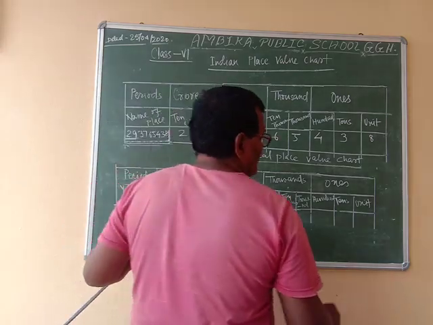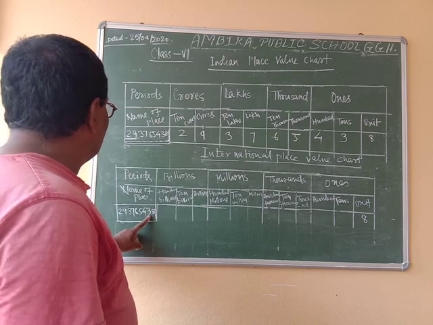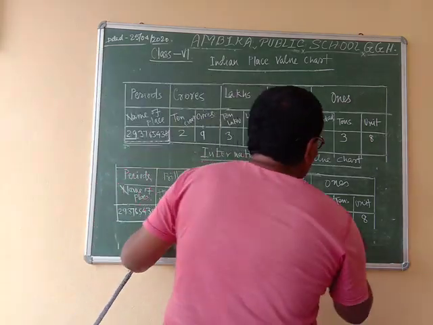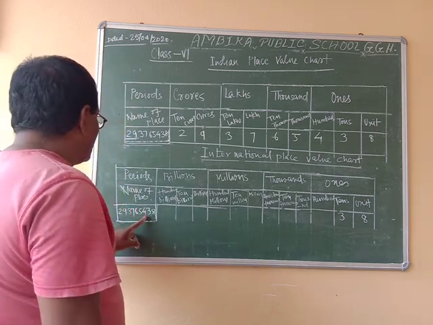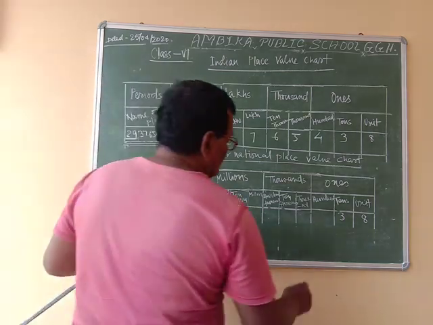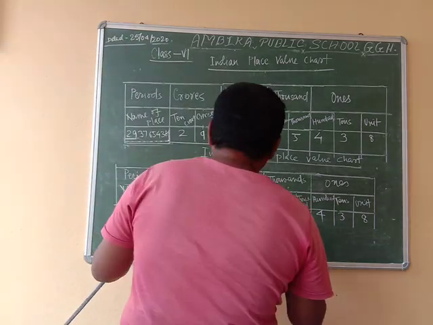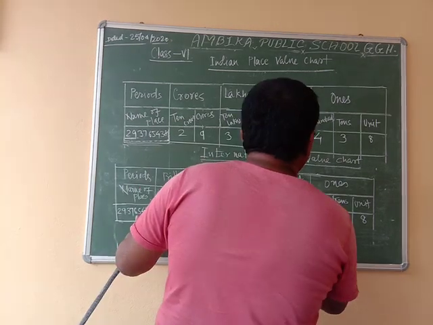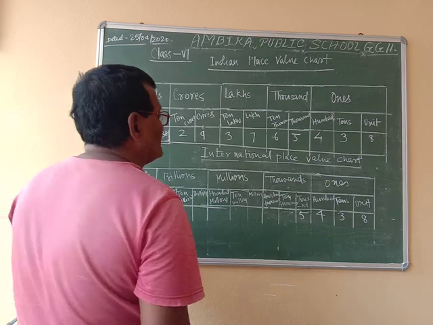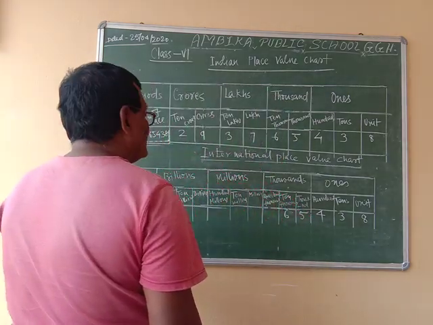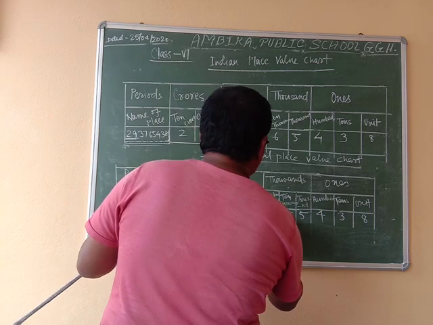So we write 8 here at unit place. 3 is at tens place, so we write 3 in tens part, and 4 is at 100 place, so we write 4 at 100 place. 5 is at position of 1000, so we write 5 here, and 6 is at 10,000 place. 7 is at 100,000, so we write 7.